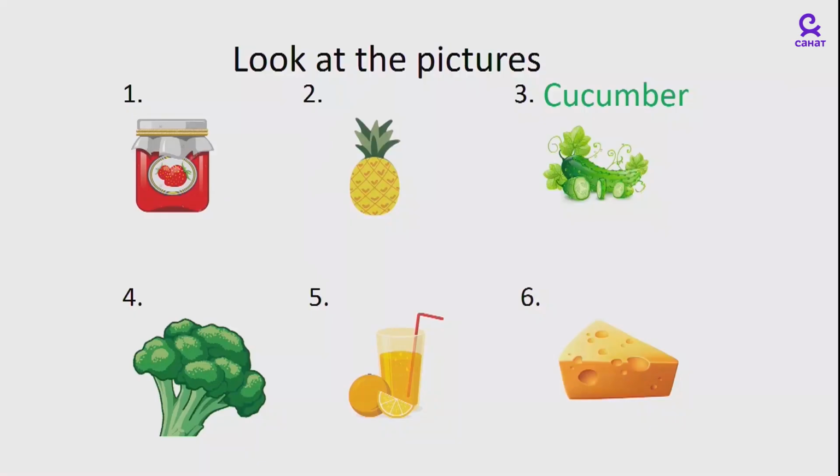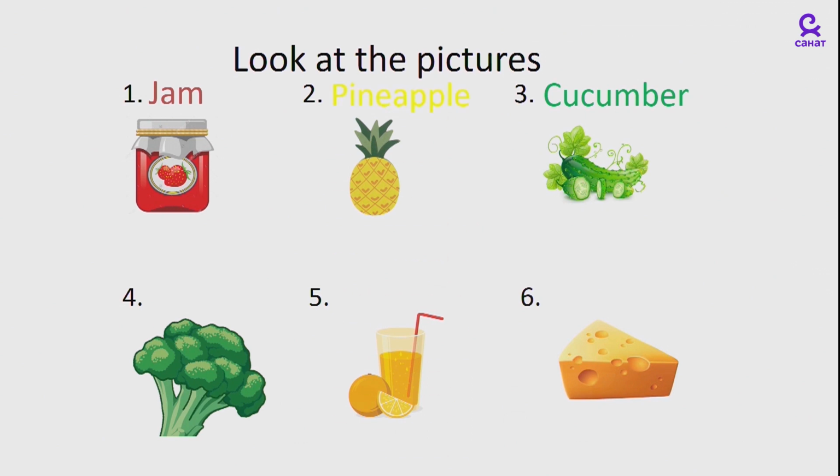Can you name them? For example, number 3 is a cucumber. Right. What is number 1? It's jam. Right. What do you see in the picture number 2? Is it an apple? No, it's pineapple.